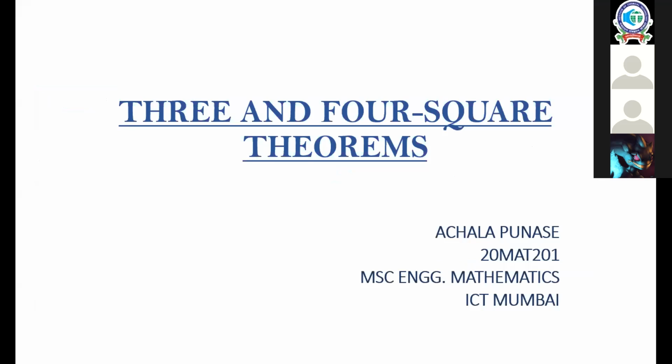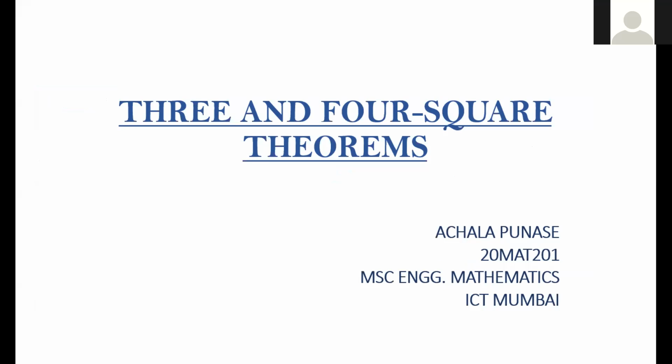Good morning. Today we are going to talk about the 3 and 4 square theorems. The motivation behind studying this is that, given a natural number k, we can write k as 1 square plus 1 square up till k times.